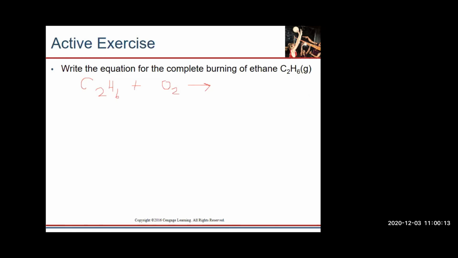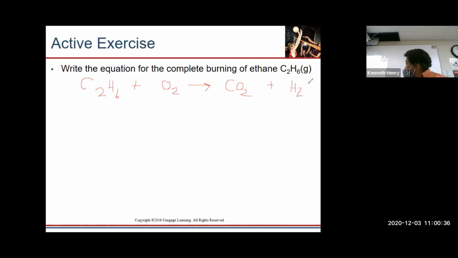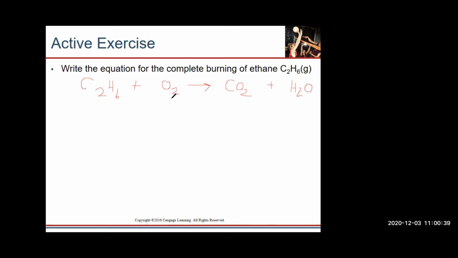That would be CO2 plus H2O. Are we forgetting anything? The state, just gas.